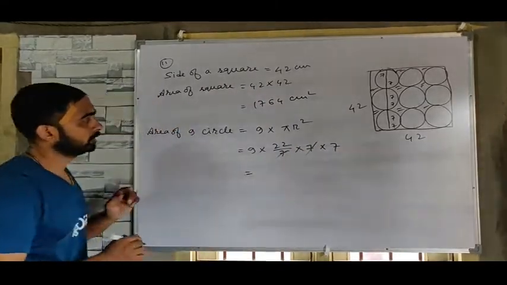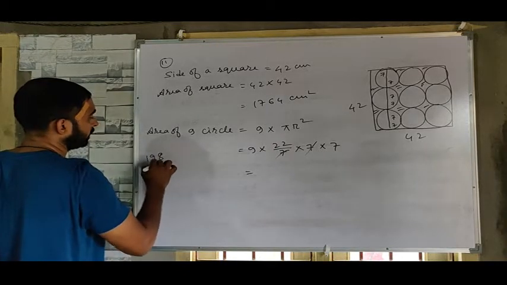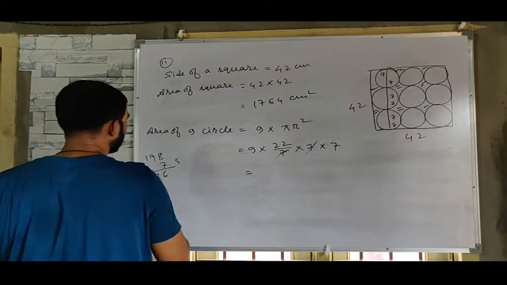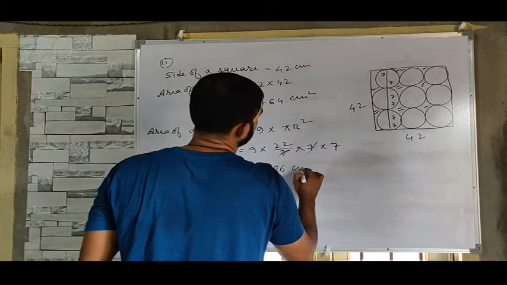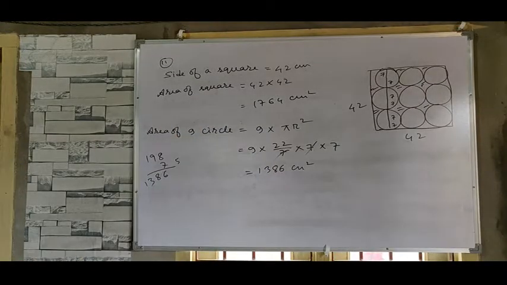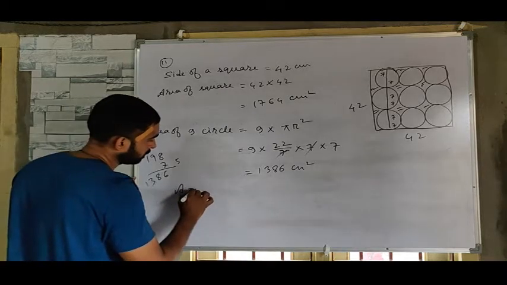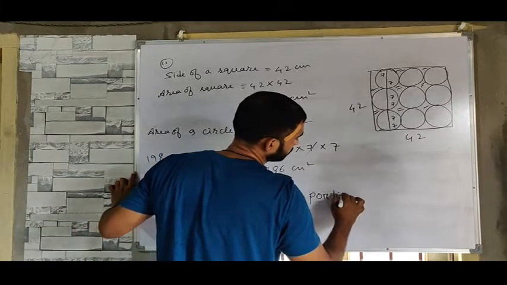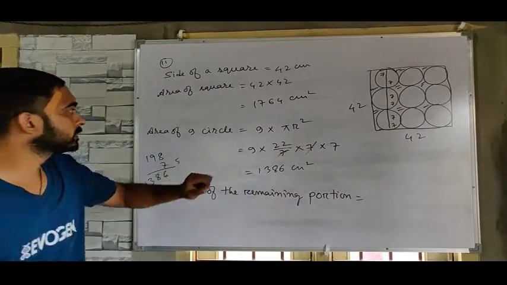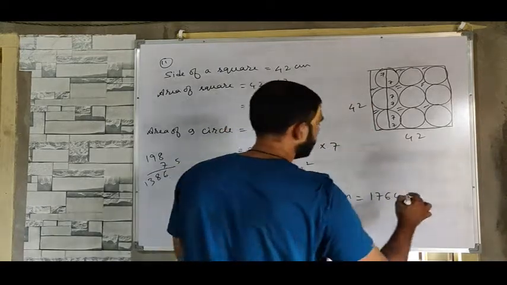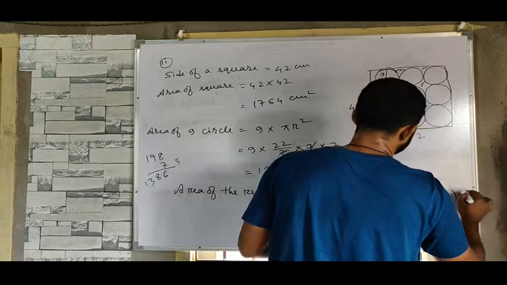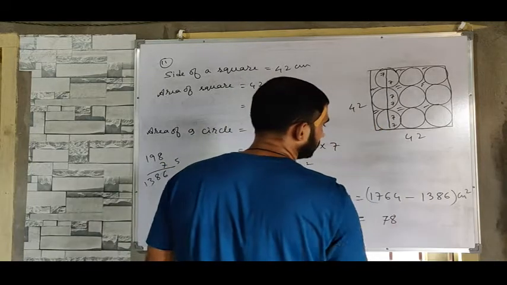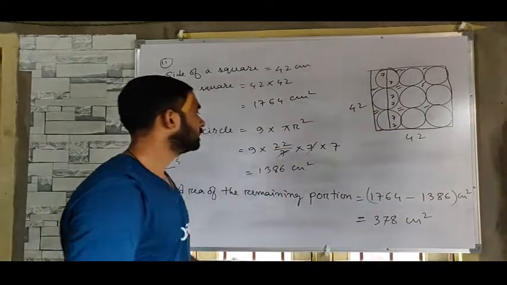The answer is 1386. Therefore, the area of the remaining portion equals the area of the square minus the area of 9 circles, 1764 minus 1386 square centimeter, which equals 378 square centimeter. That's all.